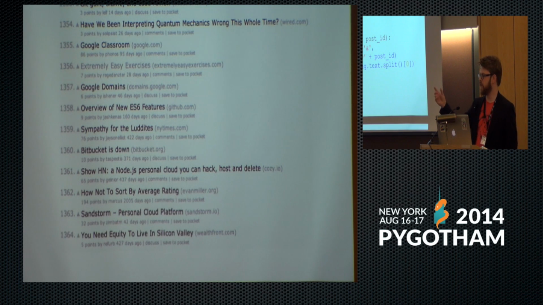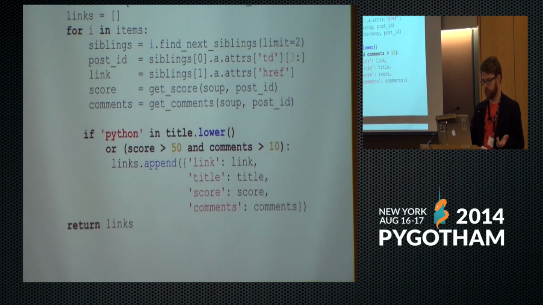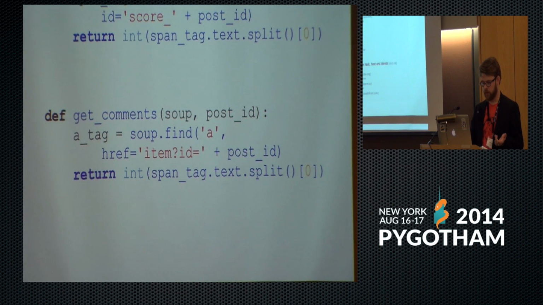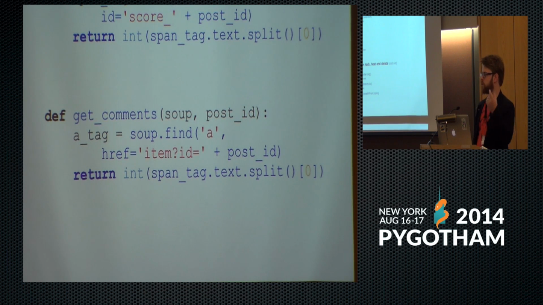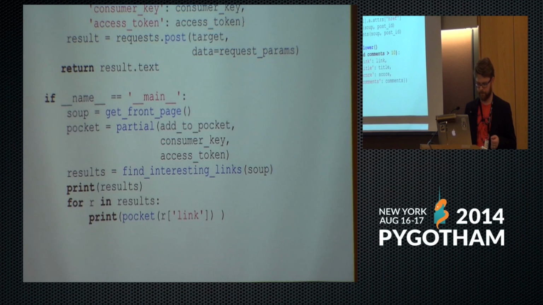So I'm taking the text. It's space delimited, so I split it, and I take the first one. If we come back here, you can see 7 points. So I'm just getting that first element. And I'm doing a similar thing with comments.